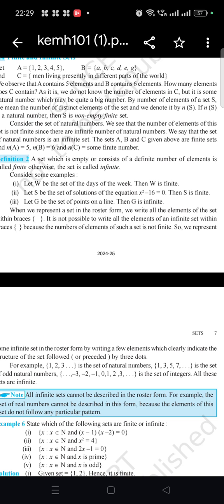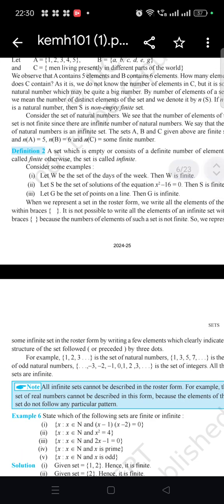There are many points, infinite points in a straight line. It is a set which is infinite. Understood?